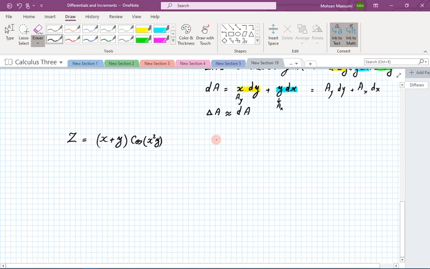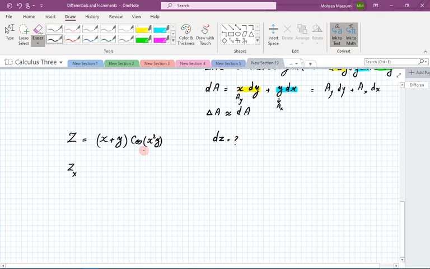So the question is, what's the total differential of z? What is dz? For that I need to calculate the derivative of z with respect to x, and then the derivative of z with respect to y, and by then I'm almost 99% done.